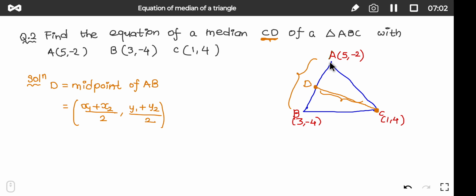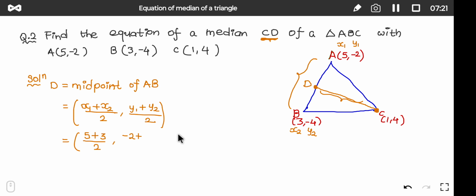So what is x1 y1 x2 y2? D is a midpoint of AB line, so A point is x1 y1 and B point, let's take x2 y2. So if we substitute here, x1 plus x2, x1 is 5 plus x2 is 3 upon 2 comma y1 is minus 2 plus y2 is minus 4 whole divided by 2.